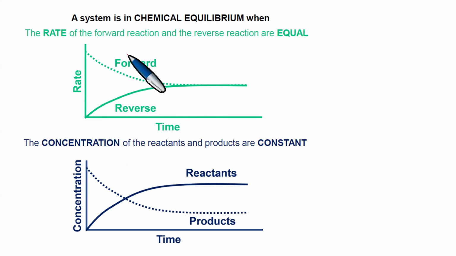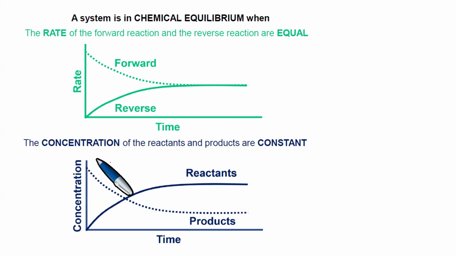The forward reaction is the broken line and the reverse reaction is solid. When the rate of the forward and reverse reactions are equal, they are equal at this point, meaning at the time that these converge together, then we have what you call chemical equilibrium. Let us continue and analyze more concepts.